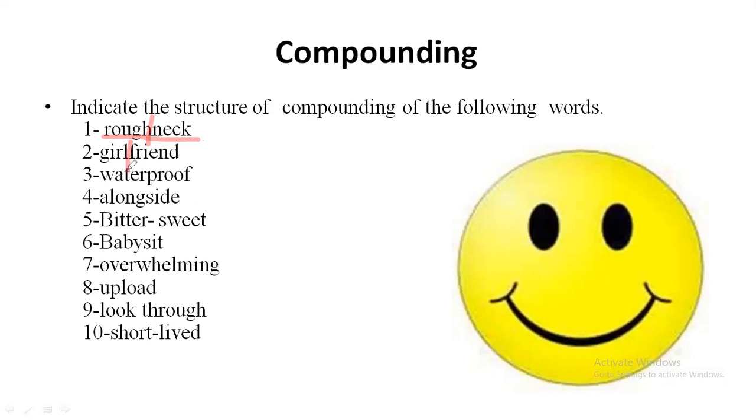Next one is waterproof: water and proof. Next, number 4, alongside. Here is a hyphen, right? A common convention is that if the word is not quite common, there is a trend of using a hyphen if you want to make a compound.